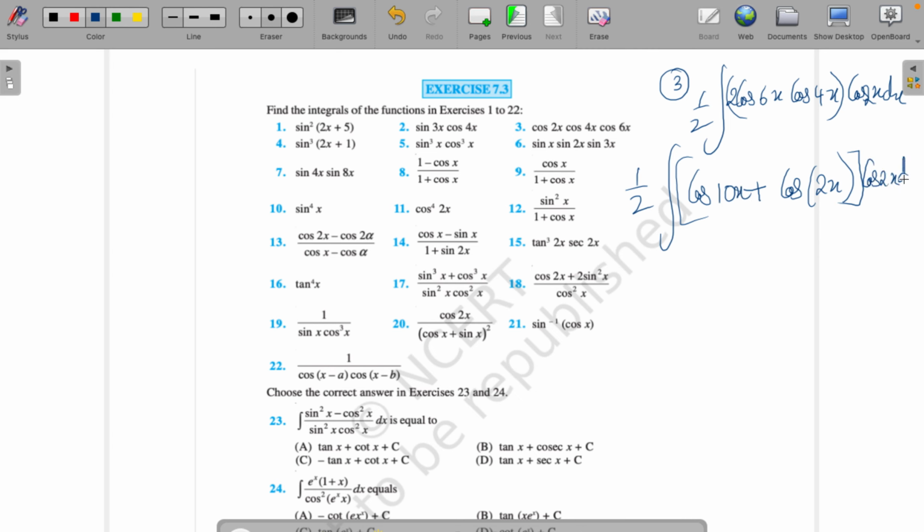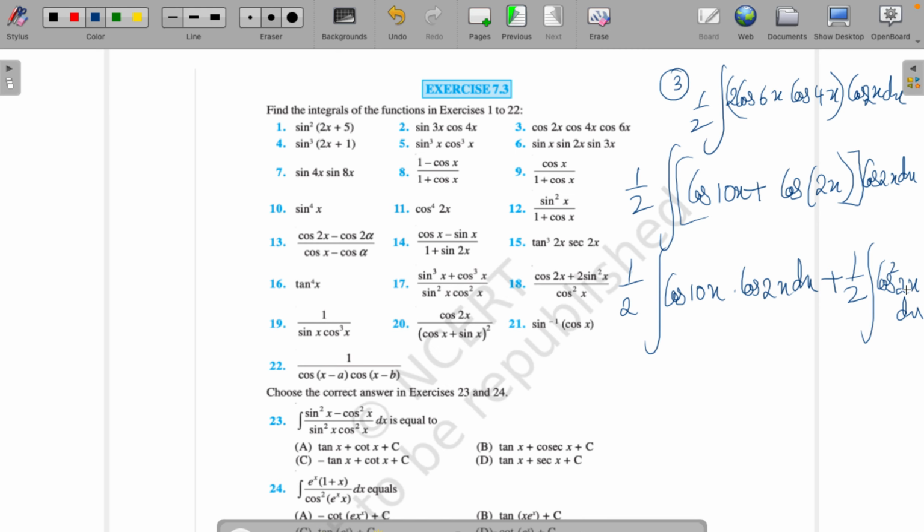Into cos 2x dx. Just open the bracket: half integration of cos 10x into cos 2x dx plus half integration of cos square 2x dx. Now here again you multiply by 2, divide by 2, and you can use the same formula which I used in the first step. And how will you integrate this?